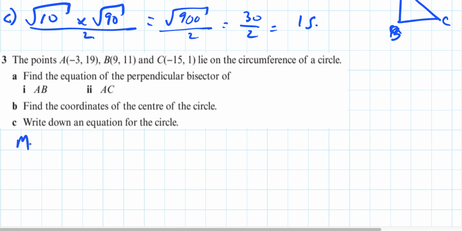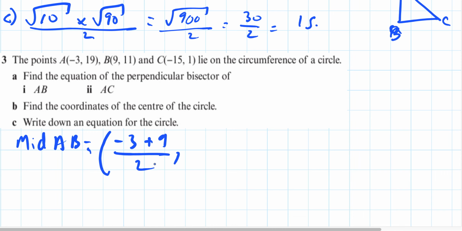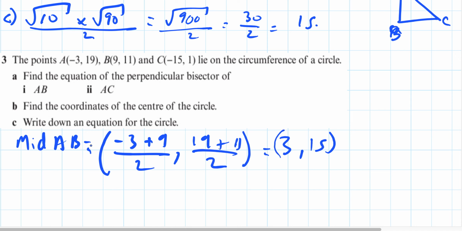So we find the midpoint of AB, which equals -3 plus 9 over 2 and 19 plus 11 over 2, which equals 3 and 15. So that's the midpoint.